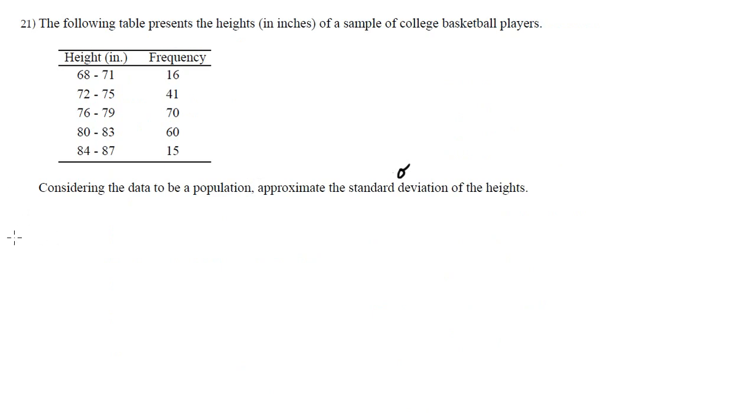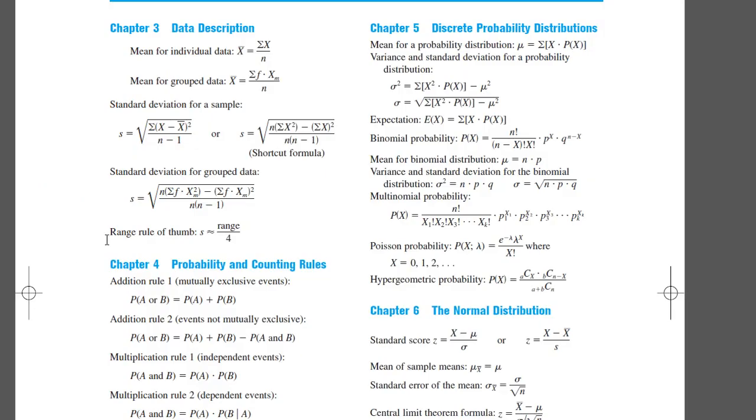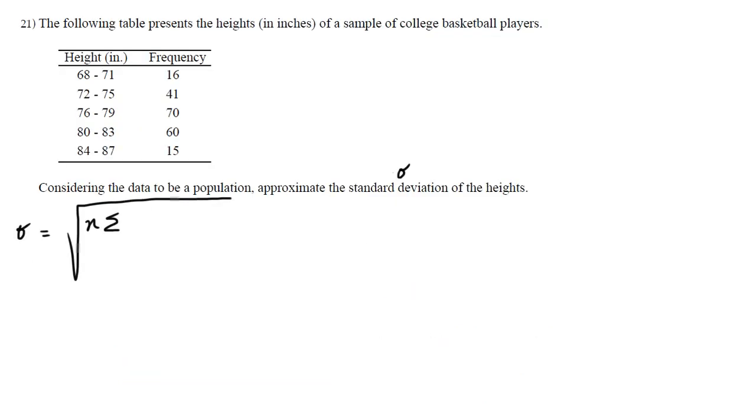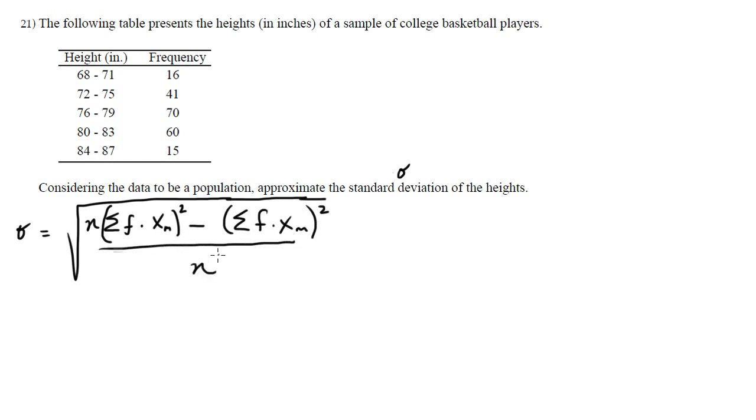So here's my formula for sigma equals the square root of n times the summation of the frequency times the midpoint squared, minus the summation of the frequency times the midpoint, and that quantity is squared, divided by n squared.